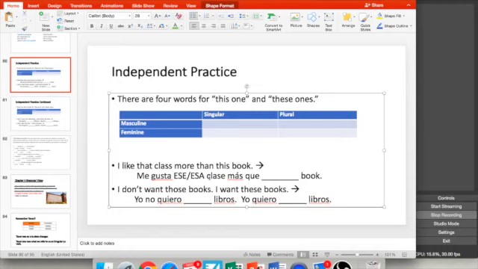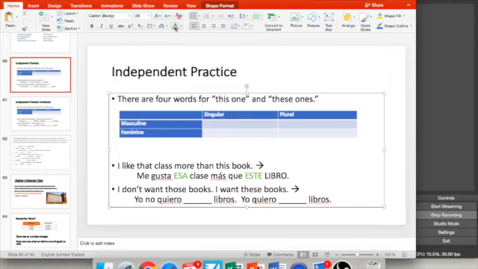That and those don't. I'm referring to a clase, feminine, so I need to use esa in this case, esa clase. So I like that class more than this book. Well, for this, your options were este or esta. Libro in Spanish is masculine and it is singular, so I need to use este instead of esta.